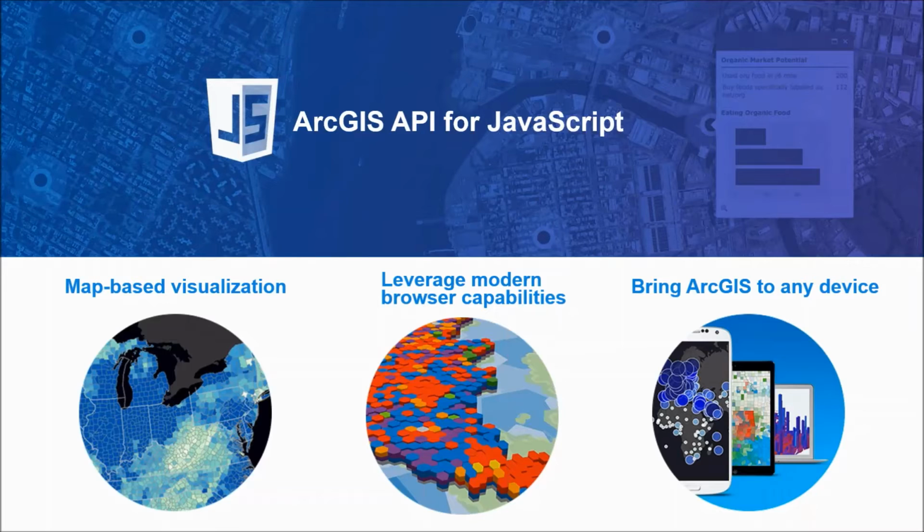It's designed to do a lot of the heavy lifting for you, so that you can build your mapping apps with as little code as you can. It's also designed for usability. It comes with many customizable widgets that are optimized for clean, responsive app design.